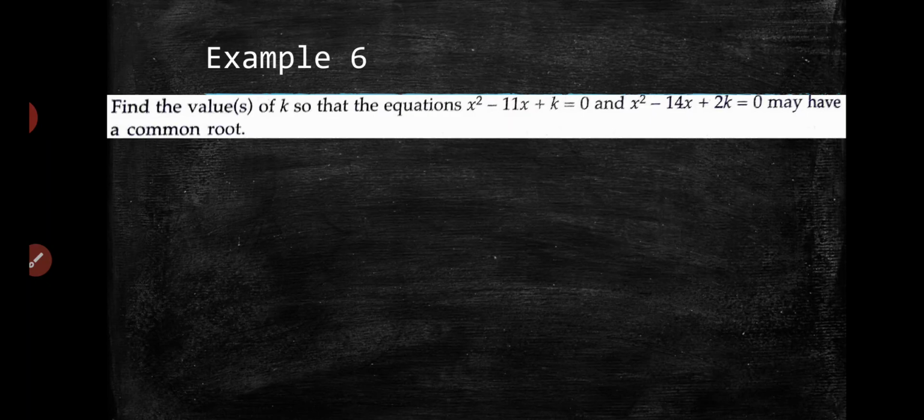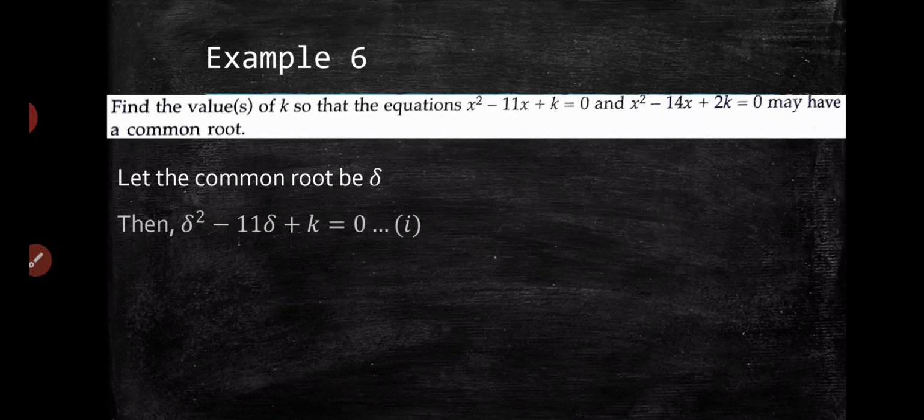Now common root means the value of the root is same for both the equations. So therefore let us take delta to be the common root. It's just any Greek letter you can take as a root. Now obviously if delta is common root, then definitely it must satisfy both the equations. So it satisfies the first one, so therefore delta square minus 11 delta plus k equals to 0. In the second one also delta square minus 14 delta plus 2k equals to 0, right?